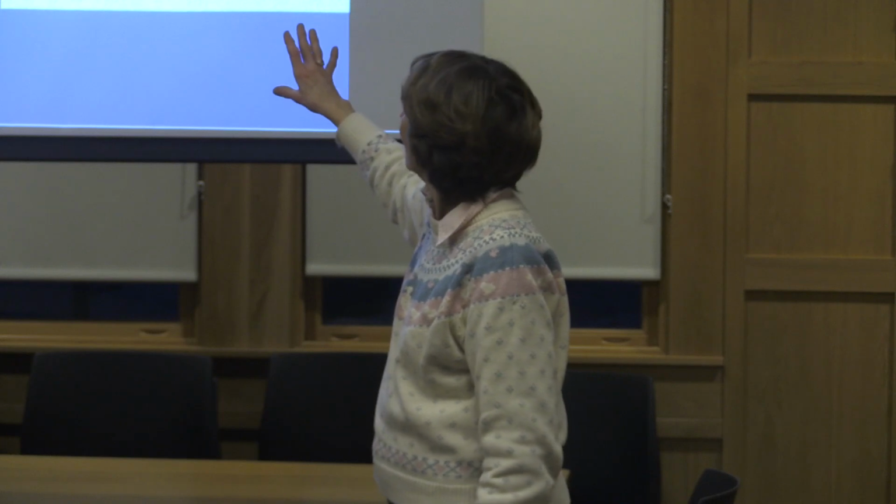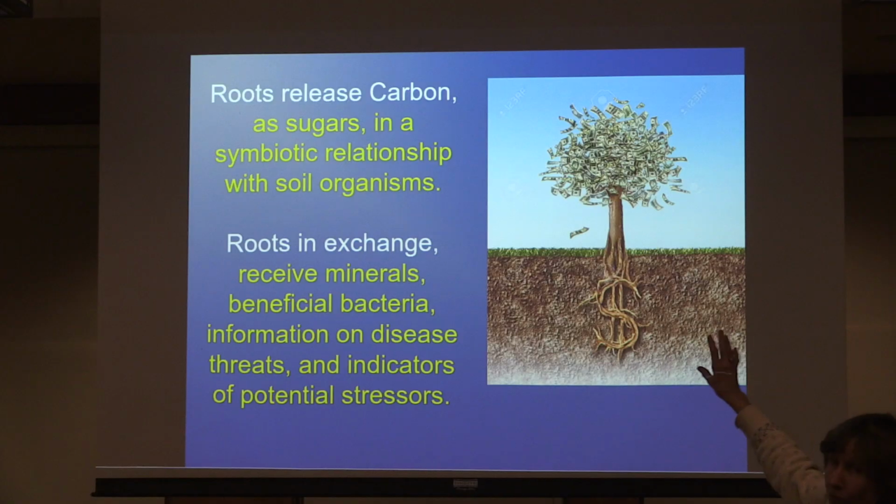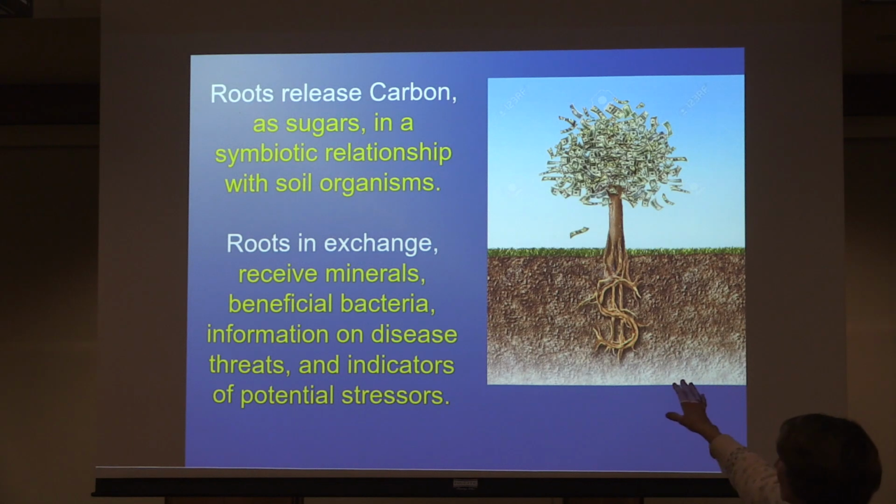It's very active and it's very alive. And when you think about it, the tree has all this money that it makes from photosynthesis, and it takes that cash down there, and this is like the tree's shopping mall. It's like a supermarket, a super fantastic place for the tree where it can get all the other things that it needs.